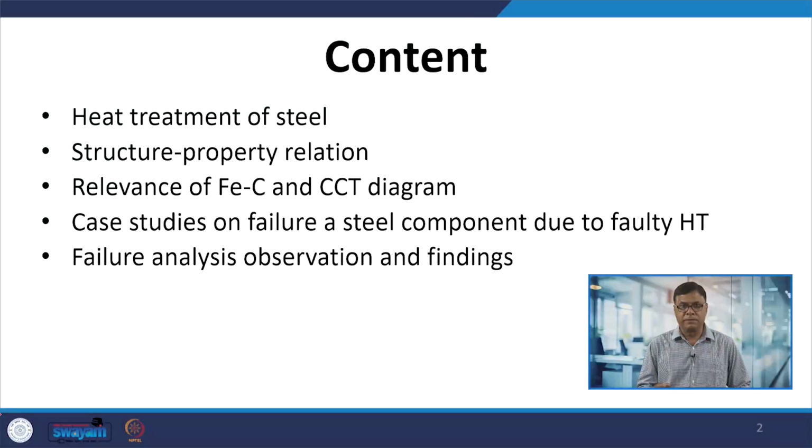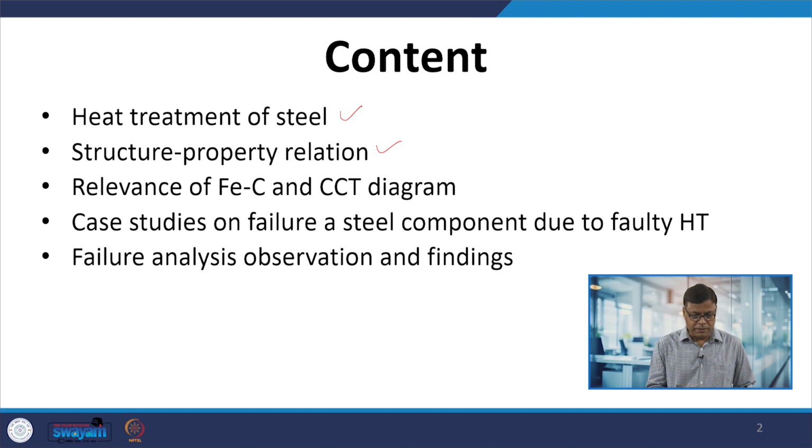This presentation primarily includes the heat treatment of steels, where we will talk about the scope and purpose, and the structure-property relationship, meaning how to adjust and regulate the structure so that the desired combination of properties is realized. Then we will see how the iron carbon diagram and the continuous cooling transformation diagram are related to heat treatment, and how these two diagrams form a strong basis for designing the heat treatment.